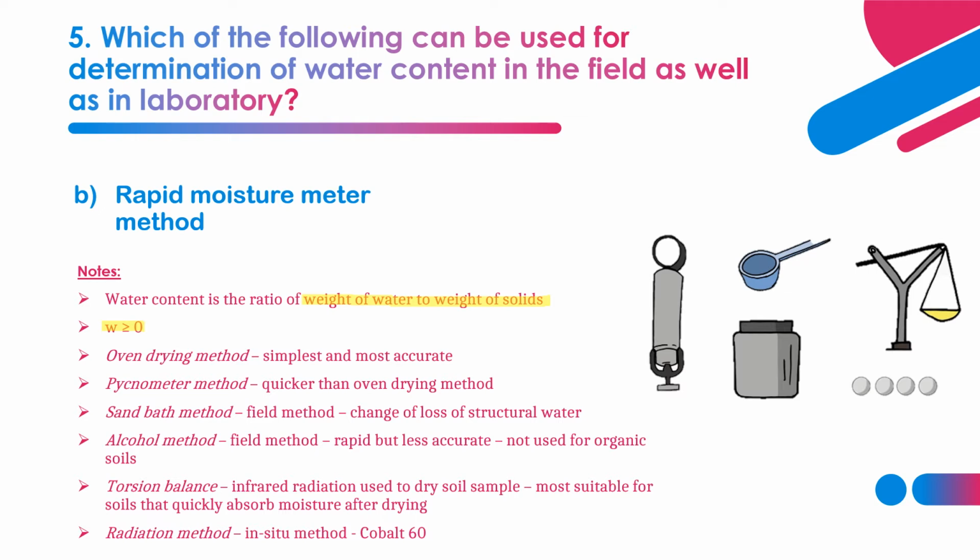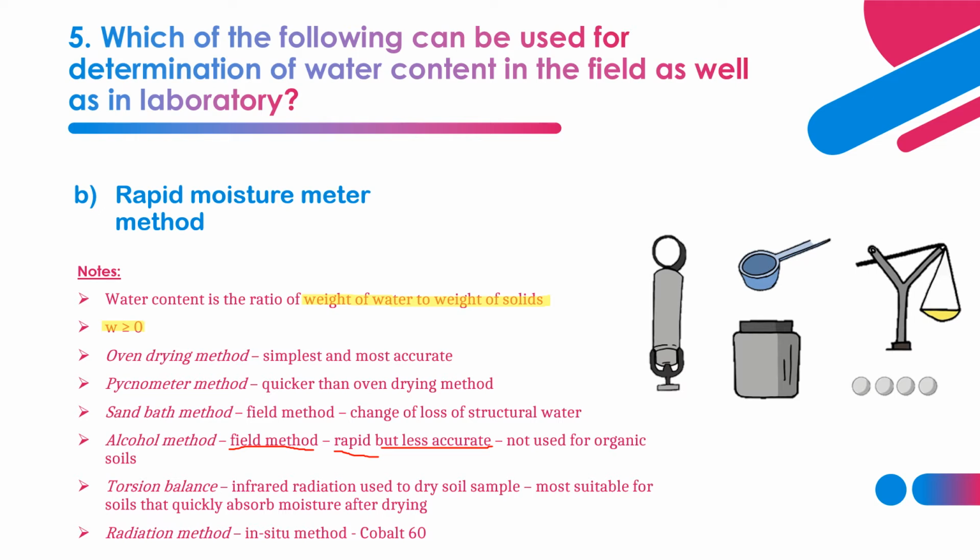Alcohol method is also a field method, and it is rapid but less accurate than the other methods, and it should not be used for organic soils because it can be flammable too.